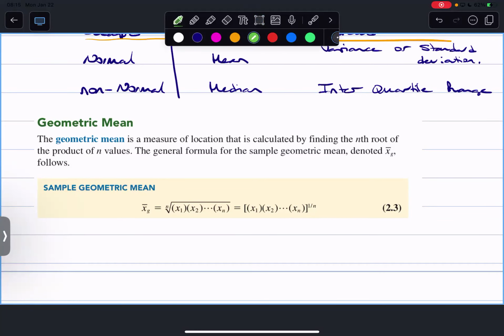The geometric mean is similar to the arithmetic mean, which is where we add them all up and divide by n. That's the mean that we're used to seeing. A geometric mean is for non-independent values, right? So stock prices from day to day are not independent of each other. And so then we would consider the geometric mean, but it's pretty rare.